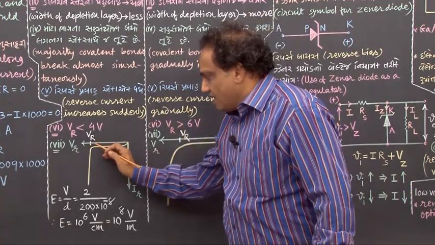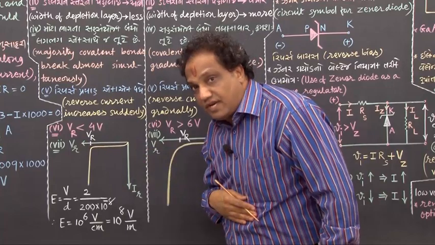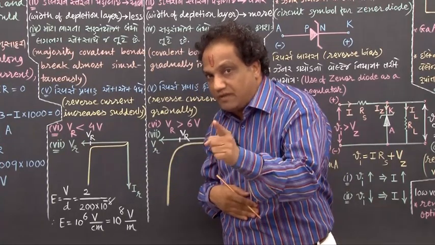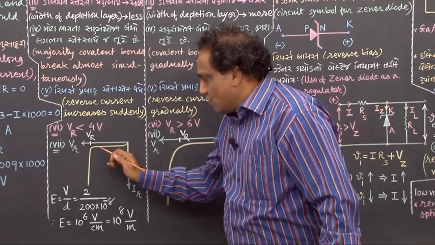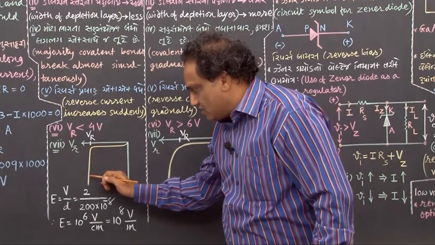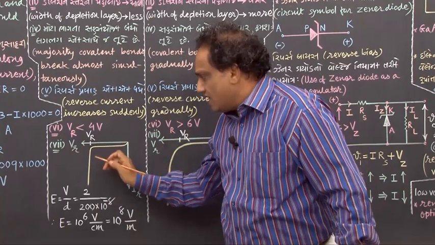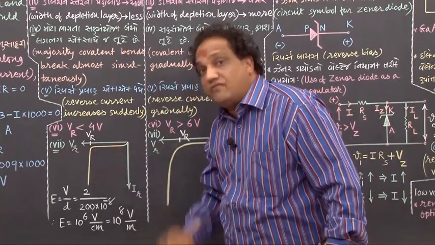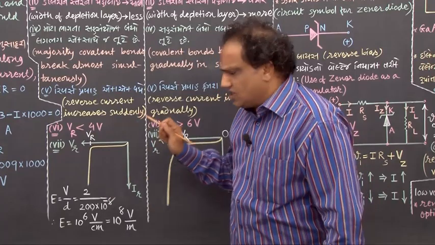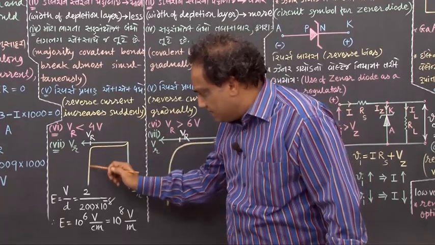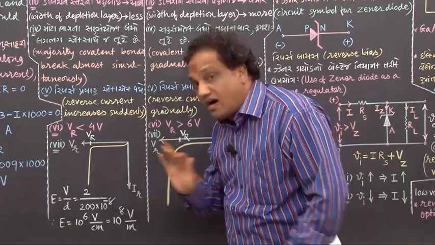But when reverse voltage is increased beyond a certain limit, what happens? Just now I explained, because of the Zener effect, you are going to have a very large current, and that too very suddenly. You will get a sharp increase in the value of reverse current, which I am showing by such a graph.